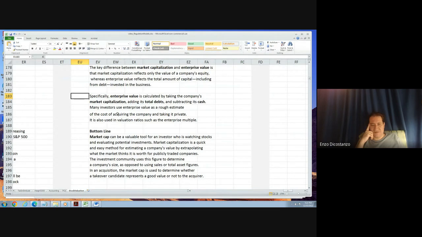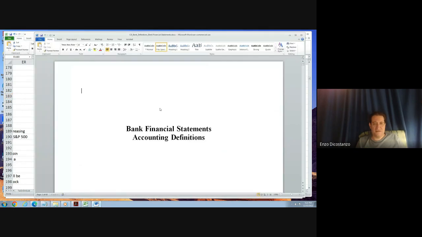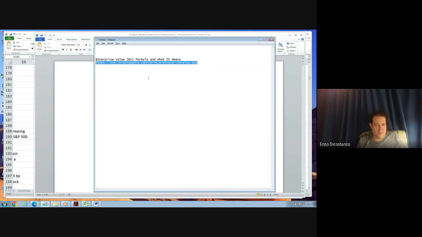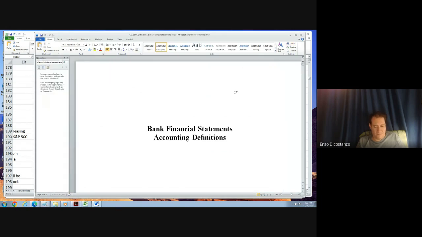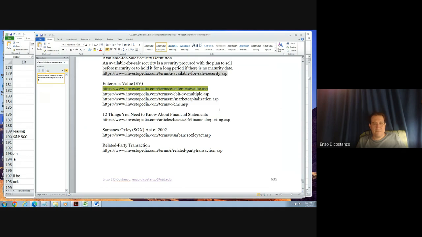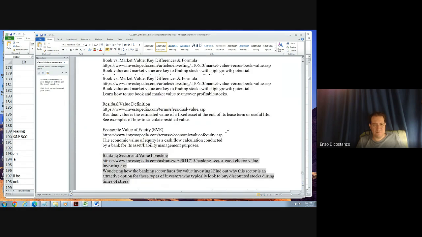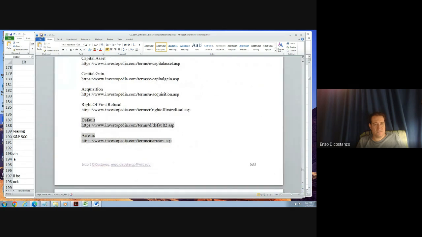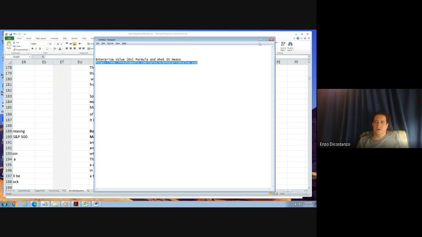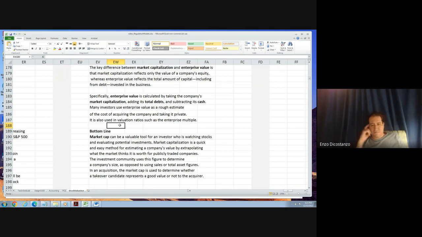So market cap is a valuable tool for an investor who's watching stocks. It extrapolates what the market thinks the shares are worth for publicly traded companies.